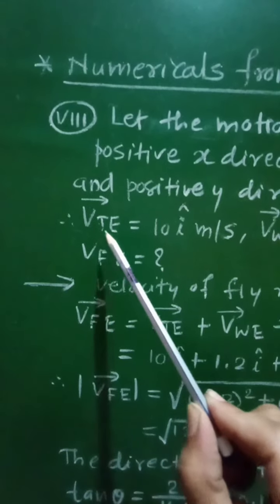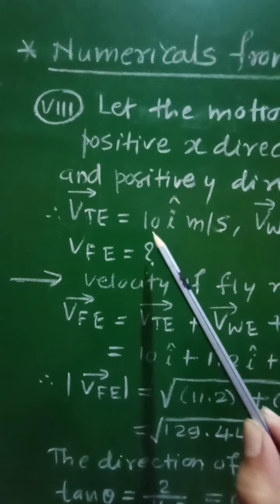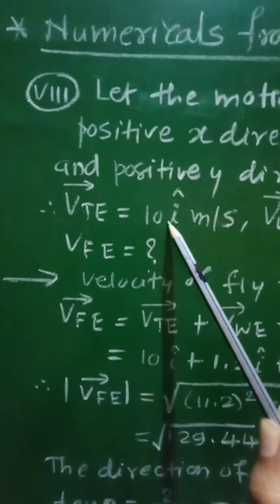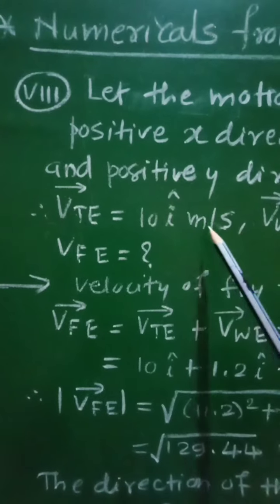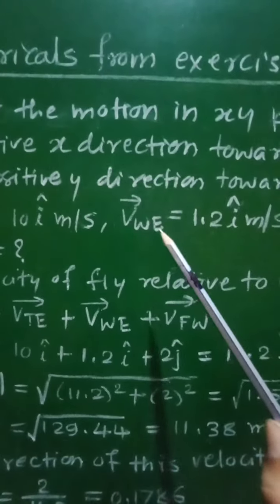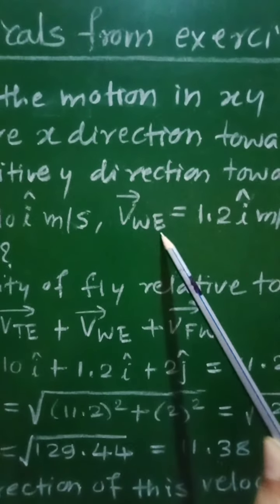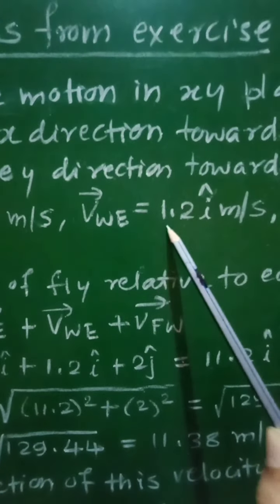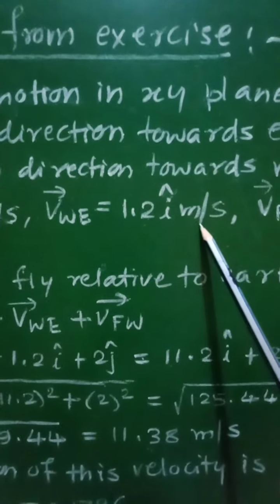Velocity of train relative to earth, that is v_te is equal to 10 i cap meter per second. Then second velocity is velocity of waiter with respect to earth, that is equal to 1.2 i cap meter per second.